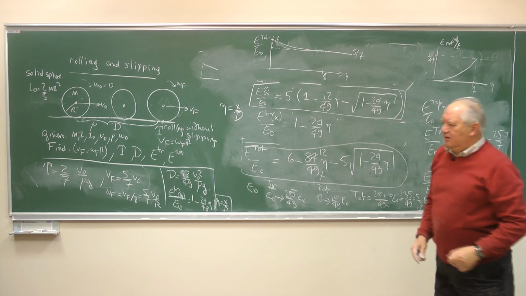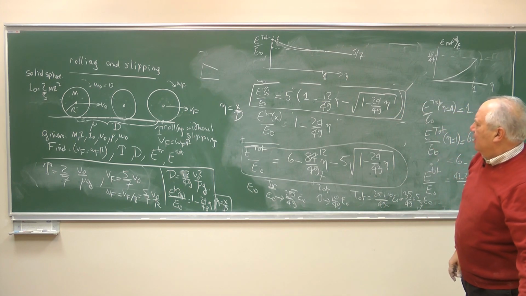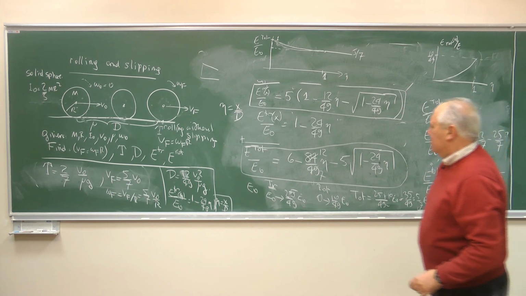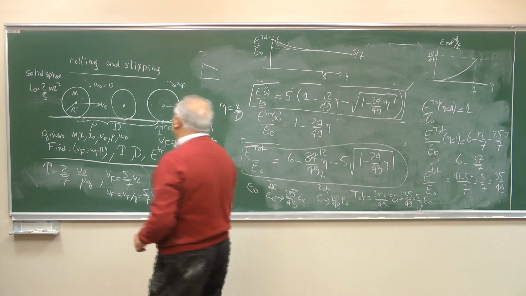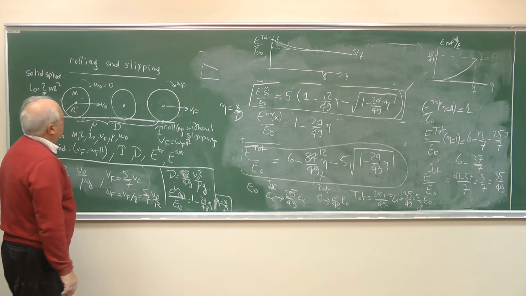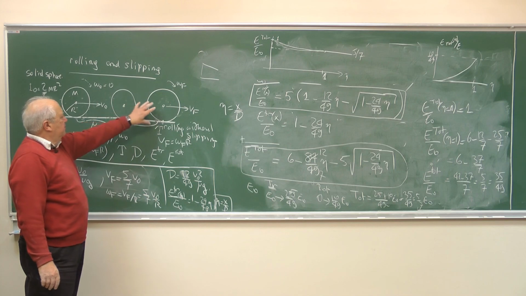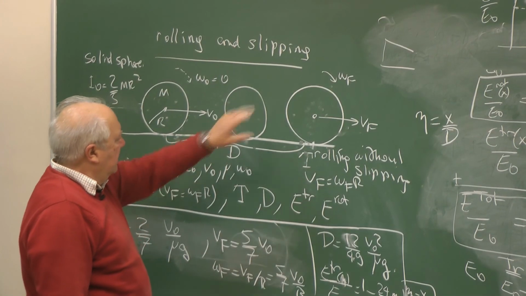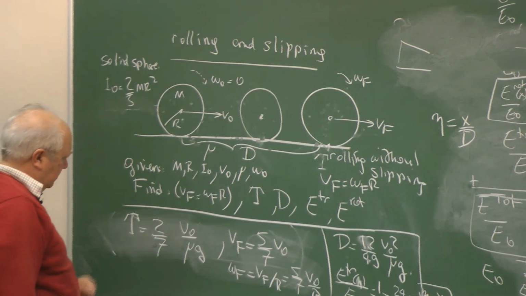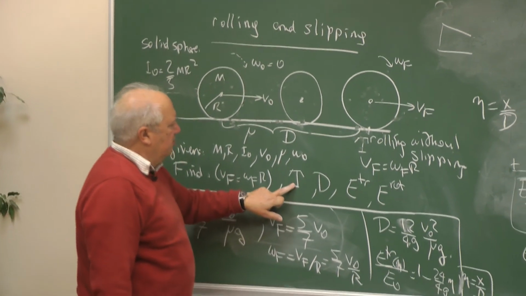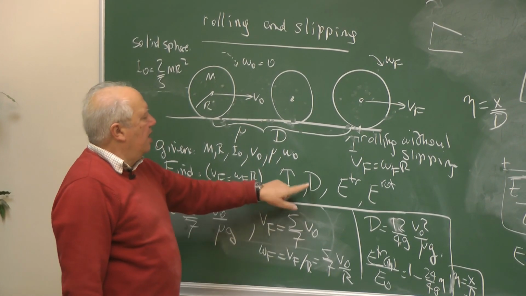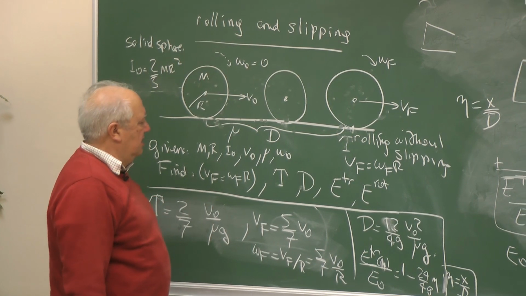Okay, I think we understood all the things that are going on in this problem. Namely, we found the velocity, we found the angular velocity, when the rolling without slipping sets in, where the rolling without slipping sets in.